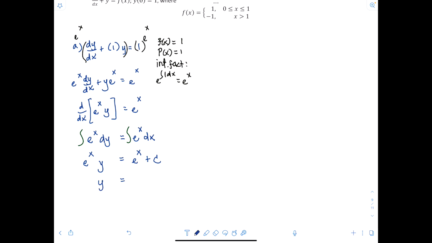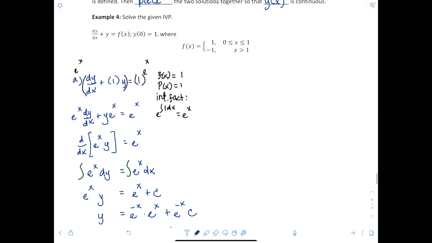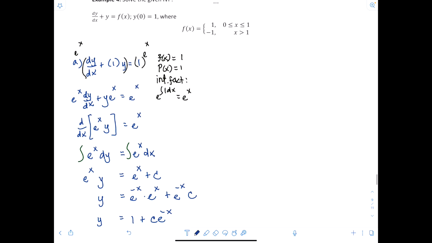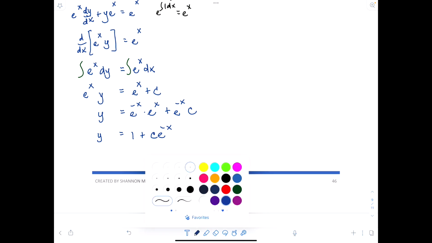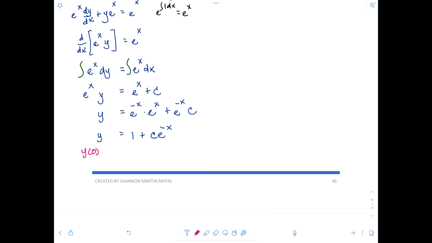Isolating y, we'll get e to the negative x times e to the x plus e to the negative x times c. So y will equal 1 plus c e to the negative x. Cool? Now, applying our initial condition to this one, because it's in that interval, we'd have y at 0 is 1. So when we plug it in, we'll have 1 equals 1 plus c e to the negative 0.